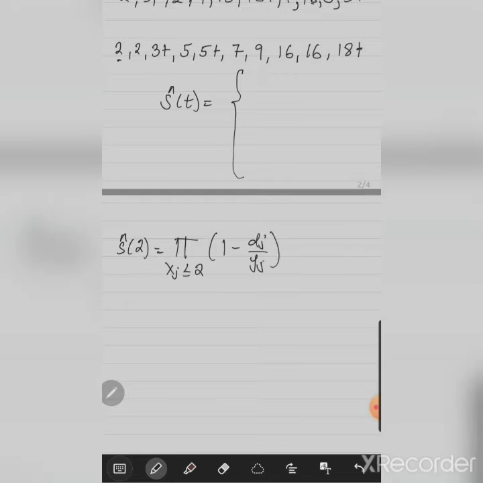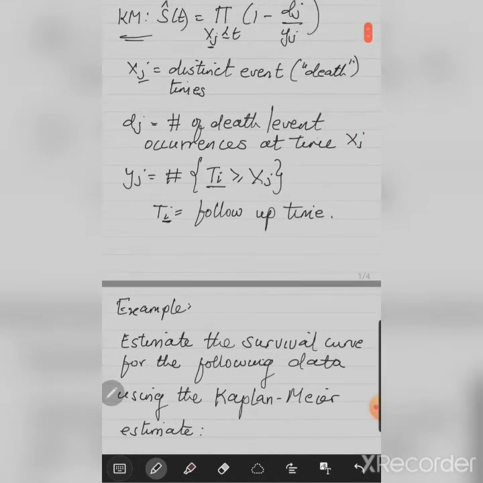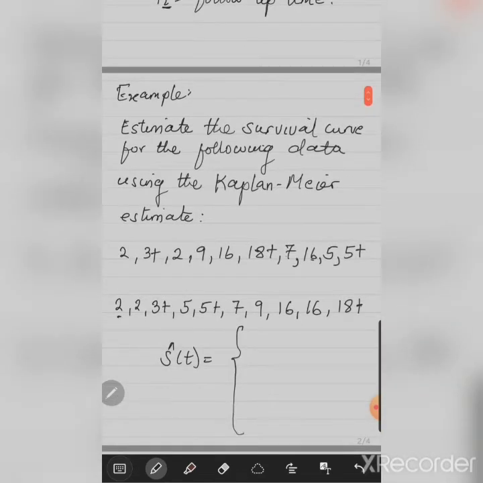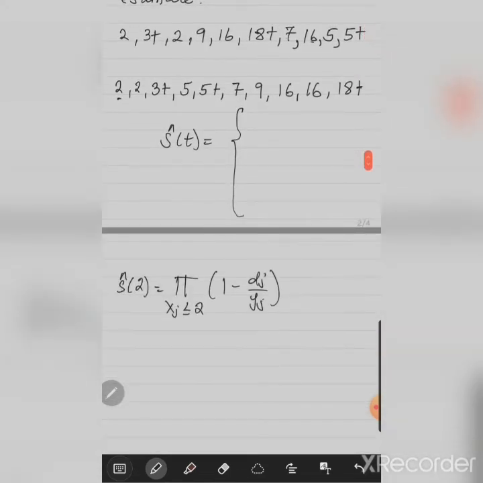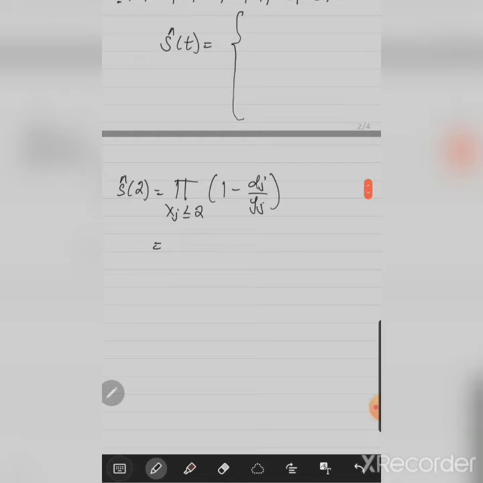In my 10 observations, 2 is the smallest event time, so we only have to consider 2 in our formula. We defined d_j as the number of events that occur at x_j, and at time 2, exactly 2 events have occurred. So it's going to be 1 minus 2 over y_j.